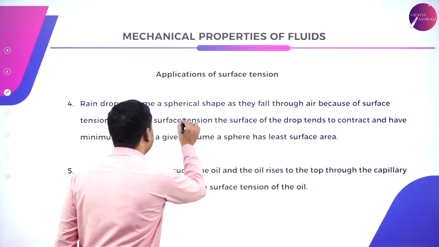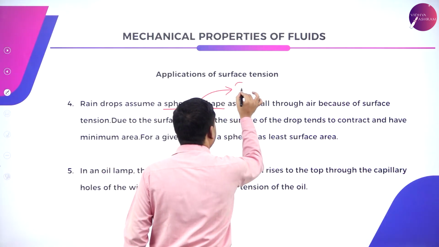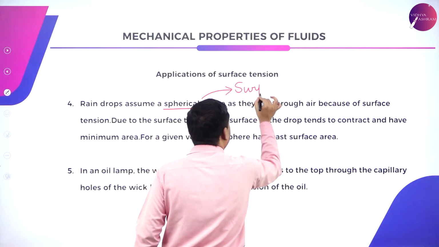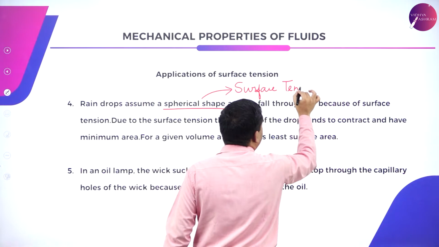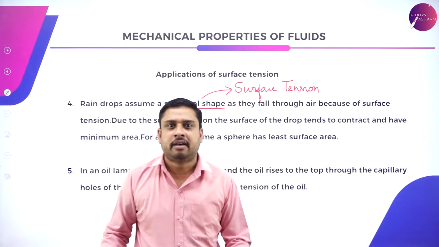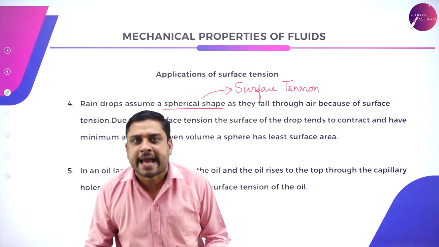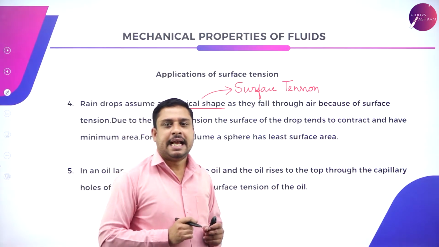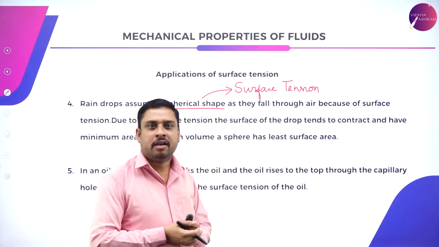Raindrops are spherical in shape due to surface tension. Usually asked for 1 mark. Raindrops are spherical in shape. Why? And the answer is surface tension.